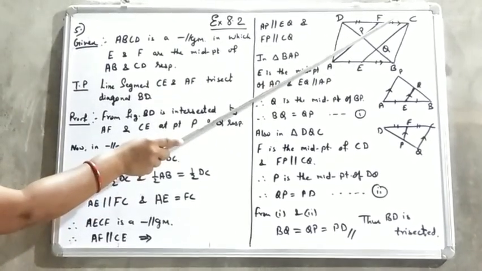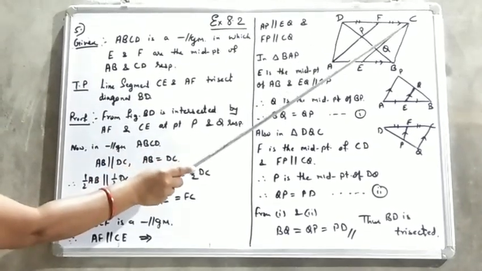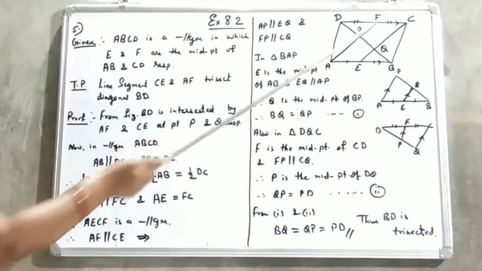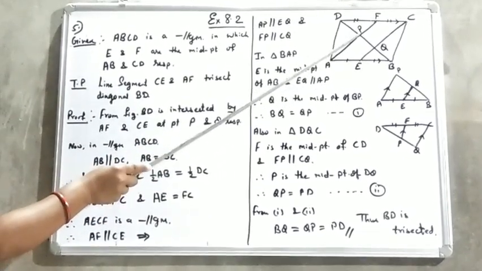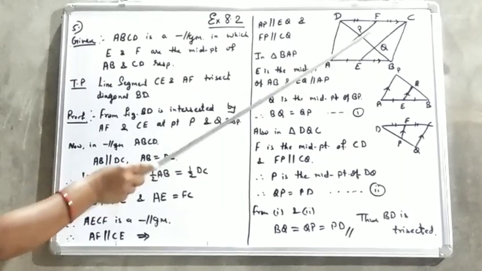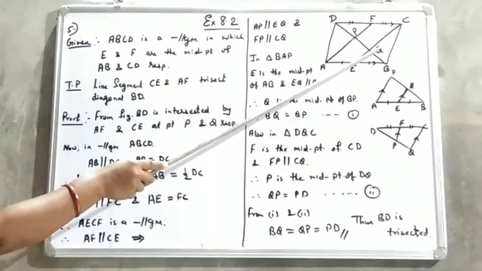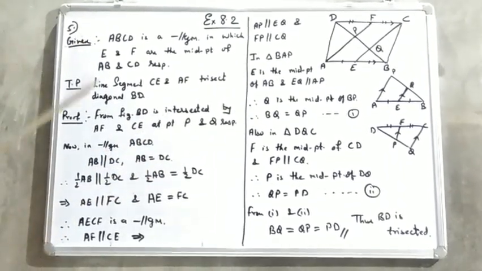These two sides are parallel and equal. Similarly, these line segments are parallel to each other. AF is parallel to EC and in the same way AP, a part of it, is parallel to EQ. And a part of CE, CQ, is parallel to FP, which you have to write.